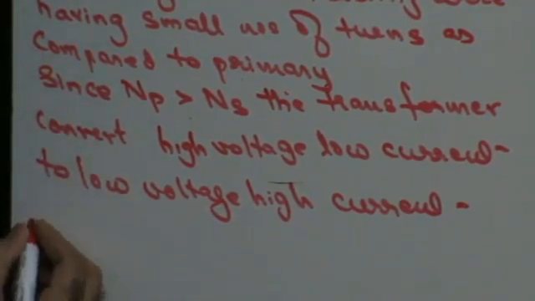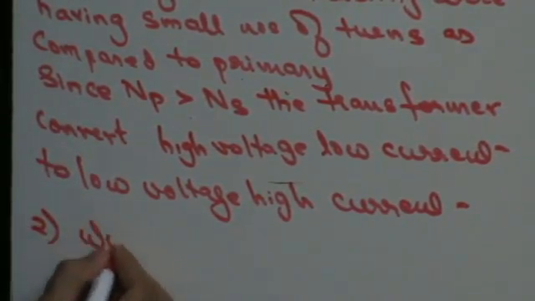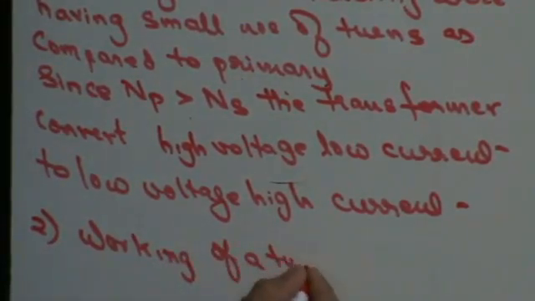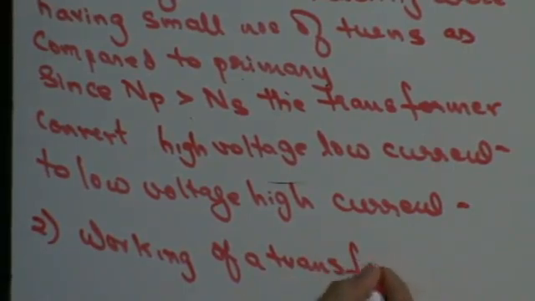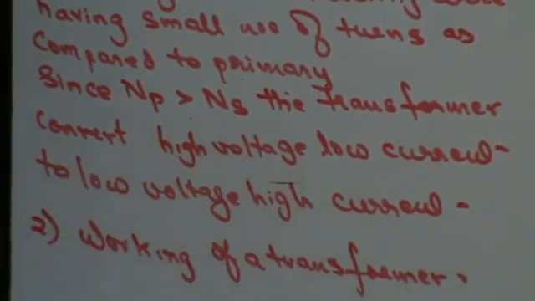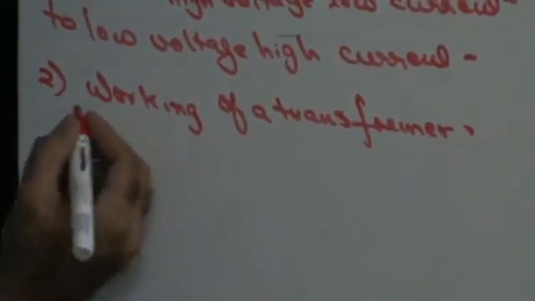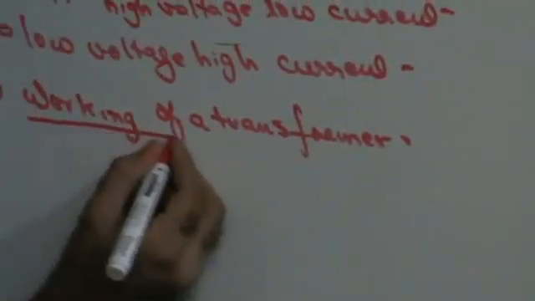Next, let's see the working of a transformer. Now, the applied EMF, in the case of a transformer, you would have EMF that would be applied to the primary. Now, as it is an alternating EMF, guys, see this.